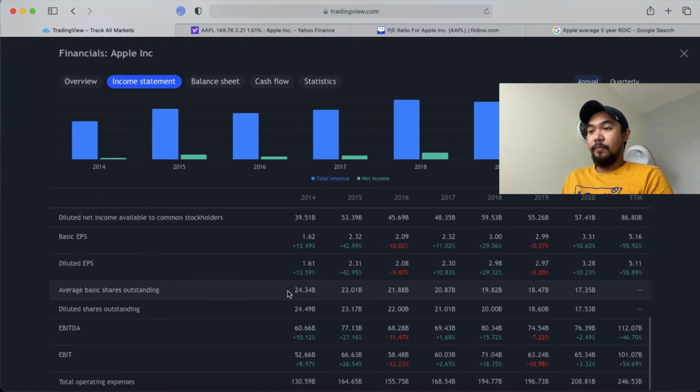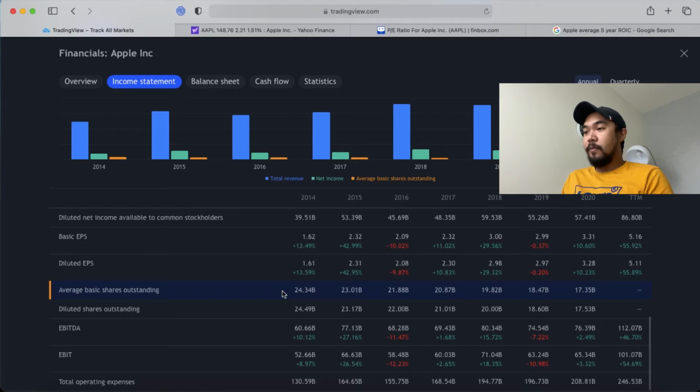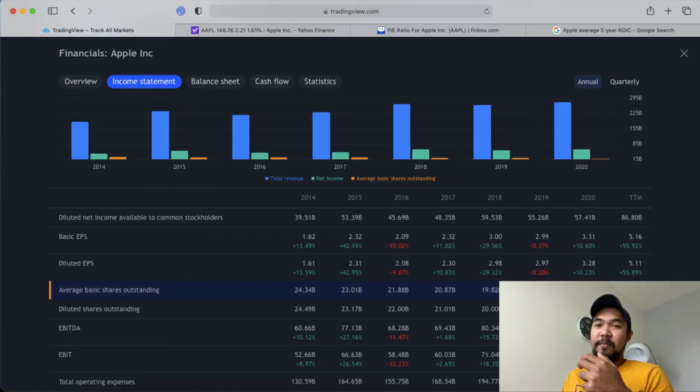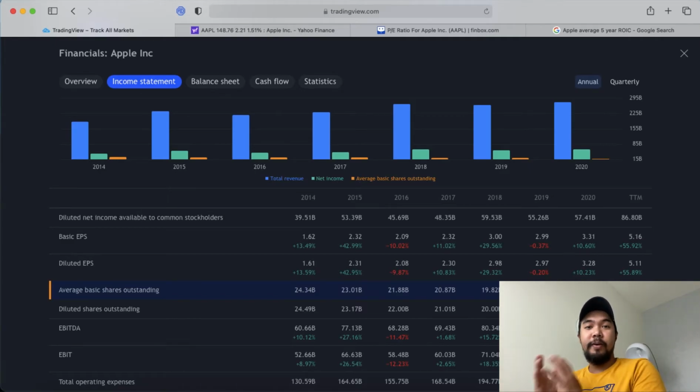This is the one. Let's go to 2016: 21.8, 20.8, 19, 18, 17. That means Apple hasn't been issuing more shares. So the $50 or the $100 that you put into the stock is valued more now, because they're not diluting you by issuing more shares. So that's a check mark right there.